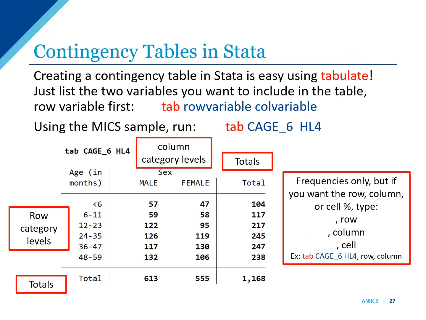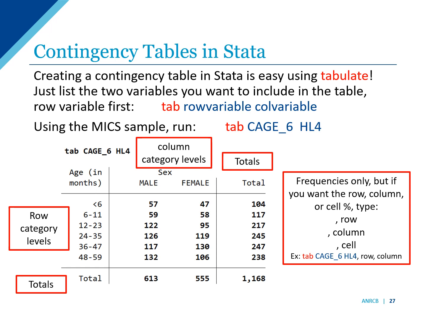Creating a contingency table in Stata is also very easy to do. Use the tabulate command and just list the 2 or more variables that you want to include in the table, with your row variable listed first. For an example, let's run tab HL4, which is sex, and cage_6, which is age in 6 categories.